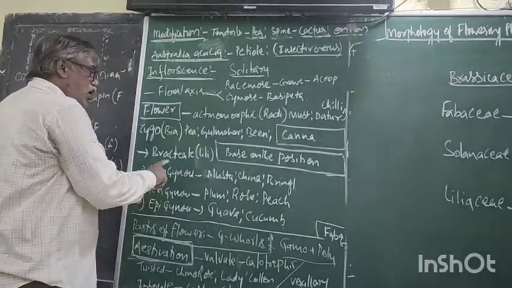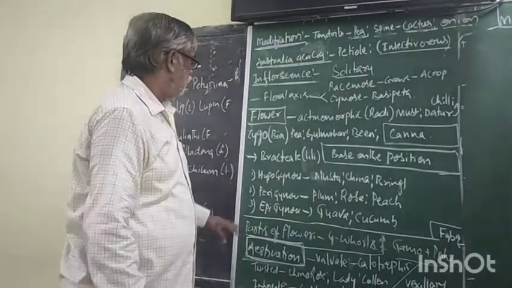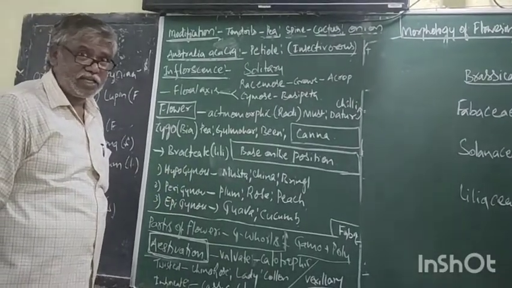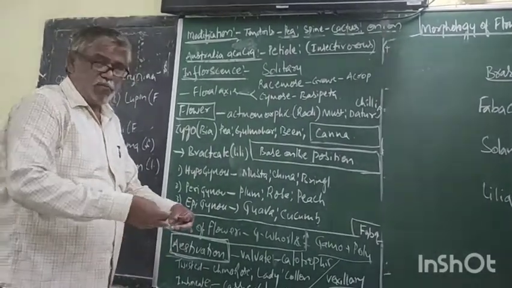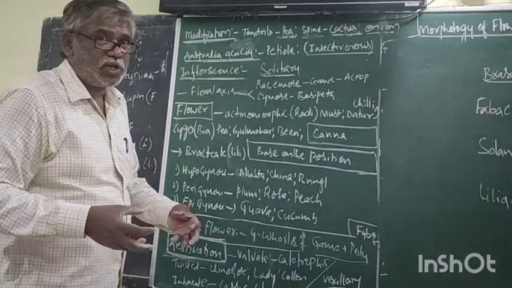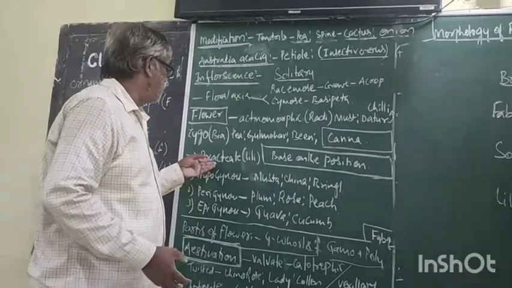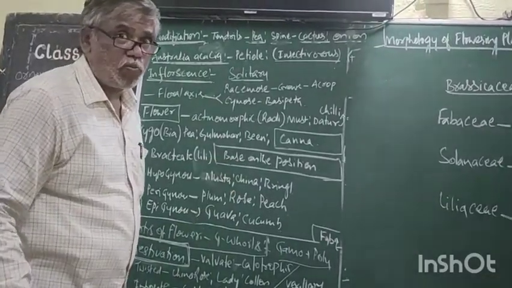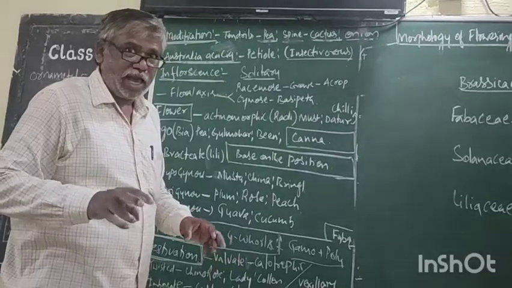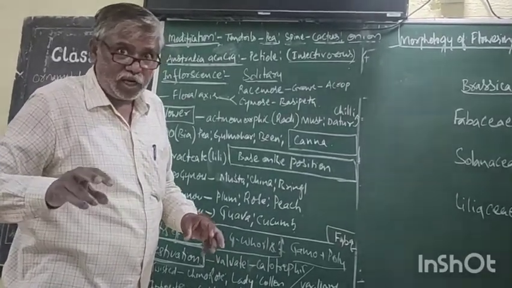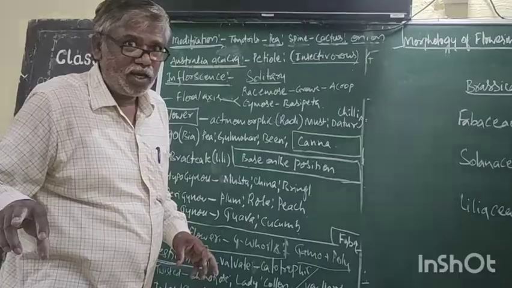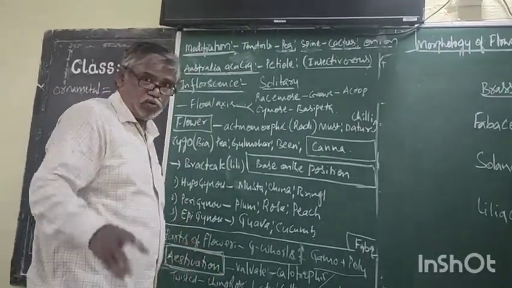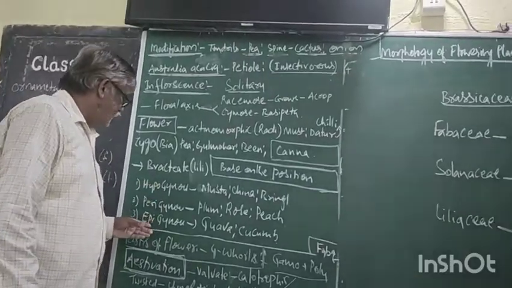Now come to bracteate. At the base of the pedicel, an outgrowth structure is called a bract. Based on the position of the floral parts, that is, calyx, corolla and androecium, in relation to the ovary, the flowers are classified into three: hypogynous, perigynous, epigynous.